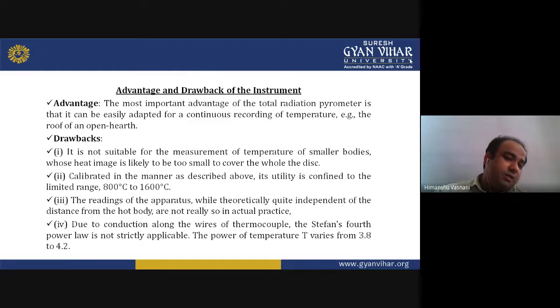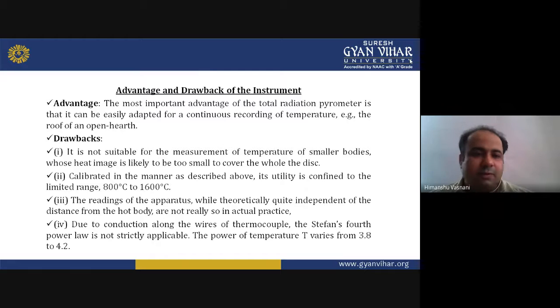And the drawback is that it is not suitable for the measurement of temperature of smaller bodies whose heat image is likely to be too small to cover the whole of the disk. Calibrated in the manner I described above, its utility is confined to the limited range of 800 degrees centigrade to 1600 degrees centigrade.